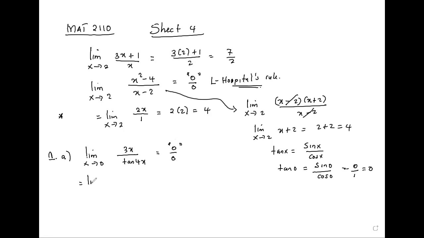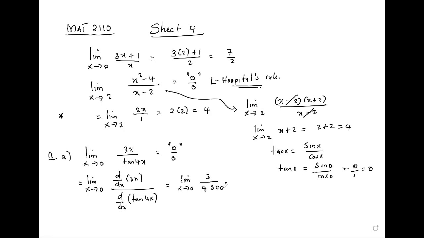So we differentiate the numerator as if it's the only function that we have. So we'll get d dx of 3x, and then d dx of tan 4x. This is going to be the limit as x goes to 0 of 3 over 4, using chain rule, and then differentiate tan.